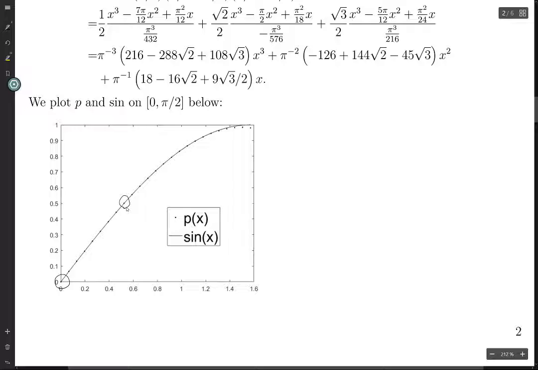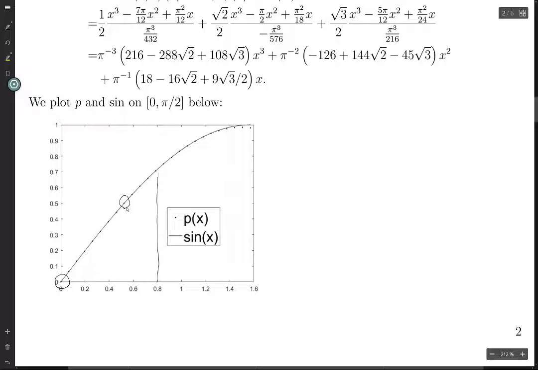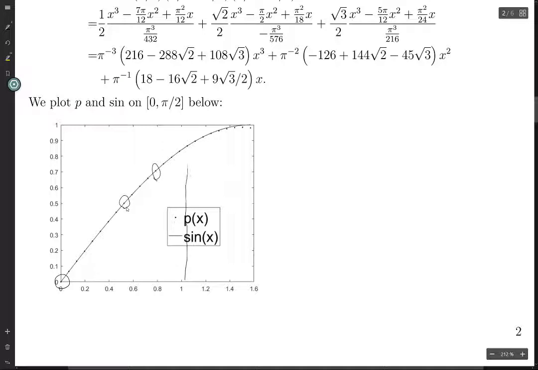Okay, so pi over 4 is about 0.78, so it's going to be somewhere around here. Yep, that seems to agree. And then the last one is pi over 3, about 1.04.